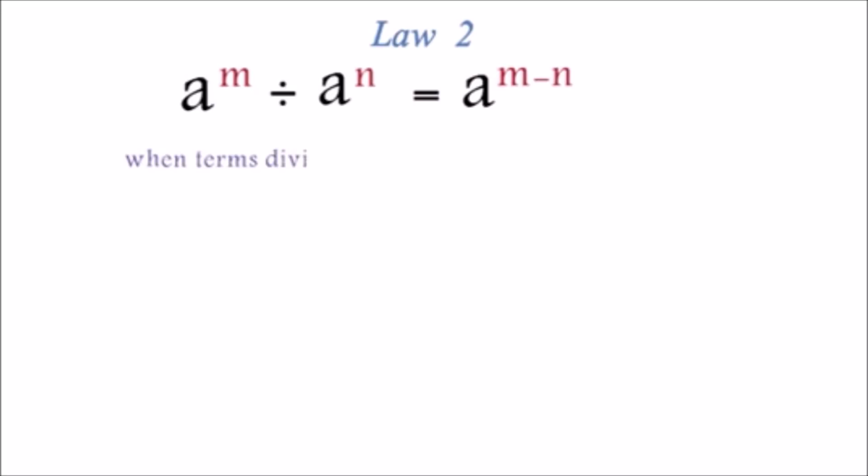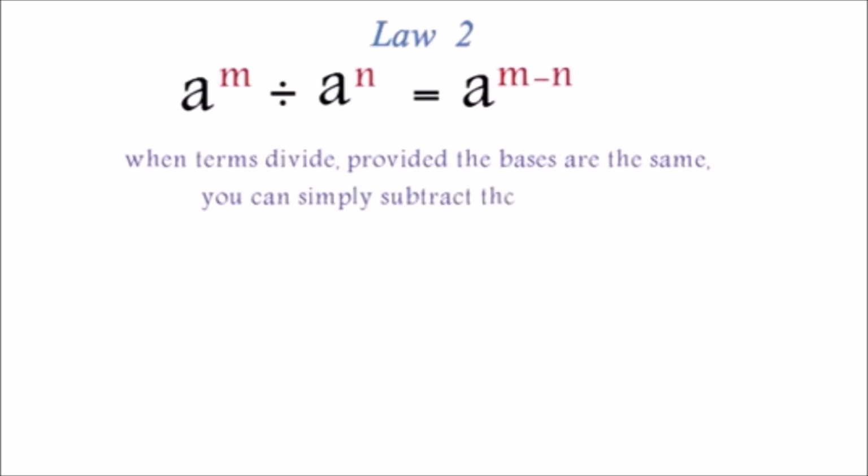Law 2. The second law of exponents states that a exponent m divided by a exponent n equals a exponent m minus n. For the second law, we say that when terms divide, provided the bases are the same, you can simply subtract the exponents.